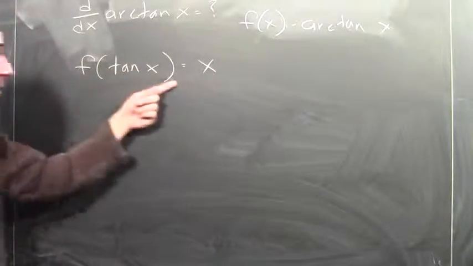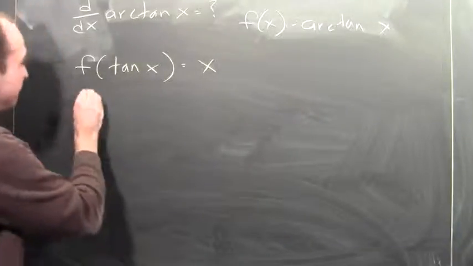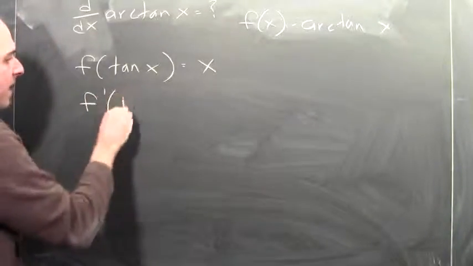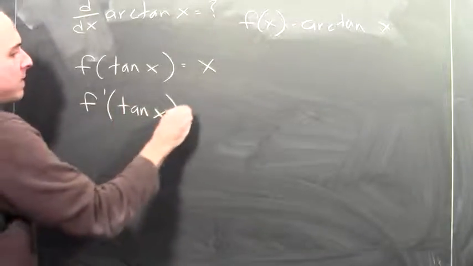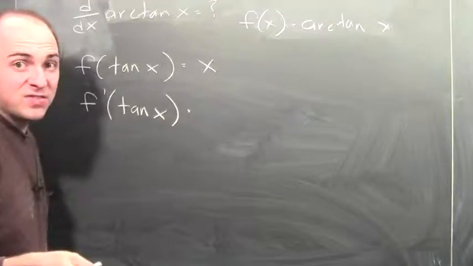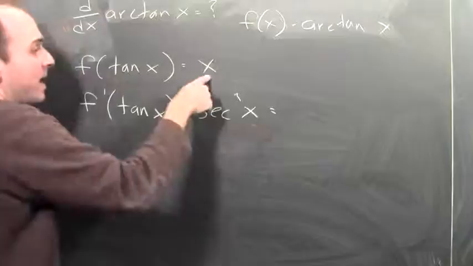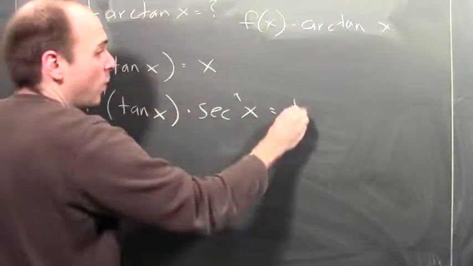So in that case, I differentiate this using the chain rule. I get the derivative of f at the inside times the derivative of the inside. The derivative of tangent is secant squared. The derivative of x is 1.